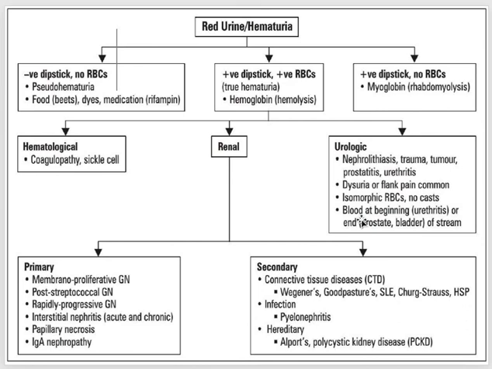So on the history, by the way, one very important thing, we always ask whether the blood comes at the start of the urination, at the end of the urination, or is completely mixed with the urine. A very important, helpful thing which we ask on the history.